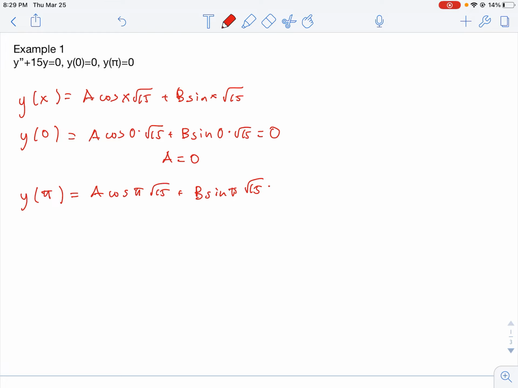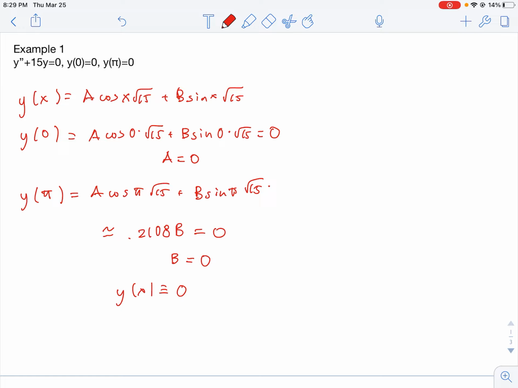Now, this b term will be approximately equal to 0.2108b, and this is all equal to 0. Now, we can see that b is just going to be equal to 0. However, this results in y of x identically equal to 0, thus being a trivial solution. And this is one of our problems.